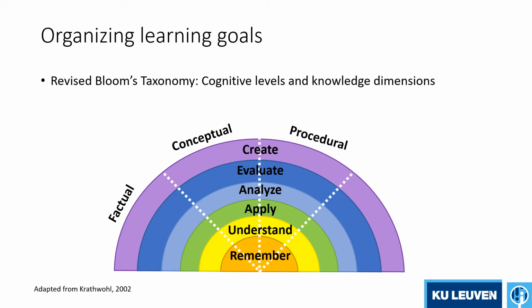Procedural knowledge is about how you need to do things. So for example, how do you compile a program and create an executable? And finally, metacognitive knowledge is about knowing where you are as a learner and how you learn and what you know and what you don't know.